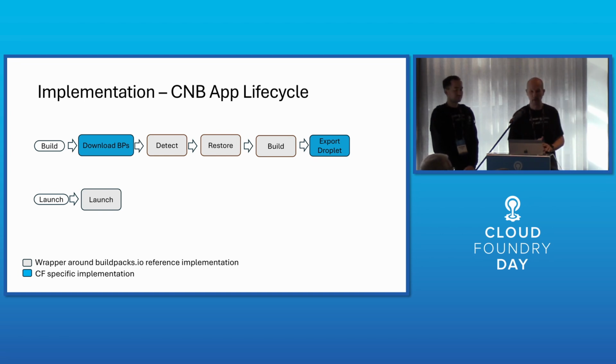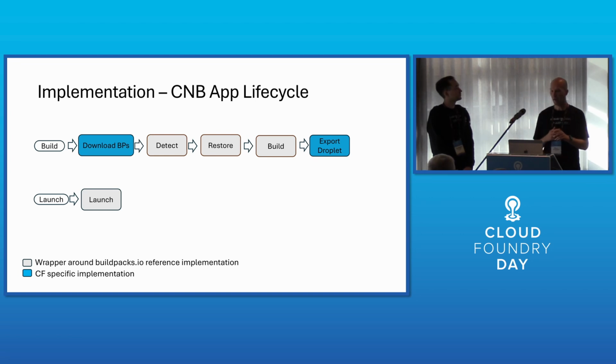The other thing that changed: normally the export phase would be called and would produce an image, but as Johannes will touch on later, we decided to go for droplets to keep it more similar to the existing buildpacks, and therefore we had to exchange the export phase to export a droplet instead.